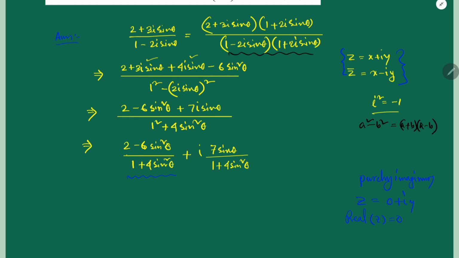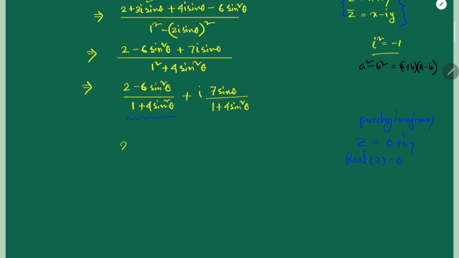By that condition we will get the value of theta. Let's write (2 - 6 sin square theta) / (1 + 4 sin square theta) equal to 0.